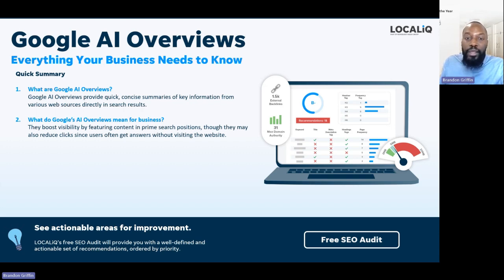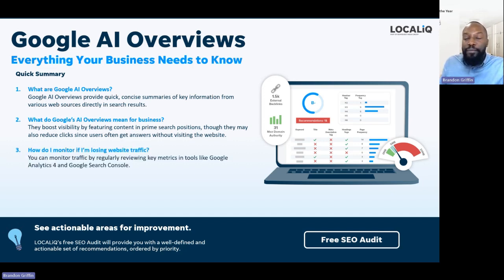And it can both boost the visibility of a business, helping them come up in very prime positions on a search engine results page, but it may also reduce the amount of clicks that they're seeing come through to their website because visitors are often getting the information that they need without coming to the website.